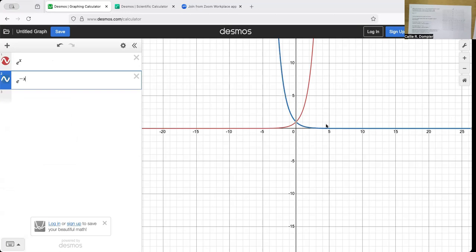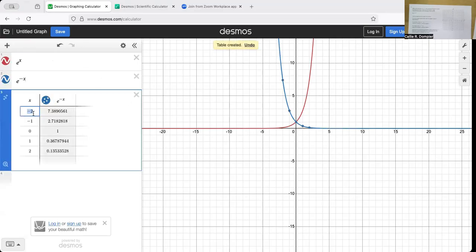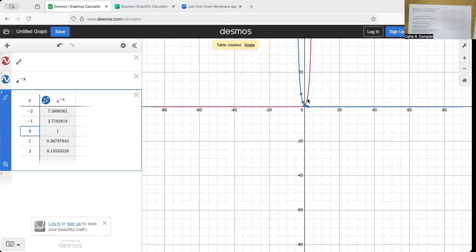So it's asking us to graph the function. It goes through (0, 1). Is there any other good point on it?